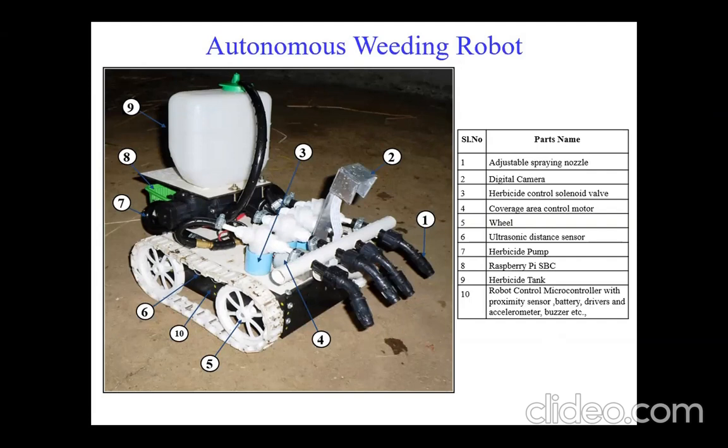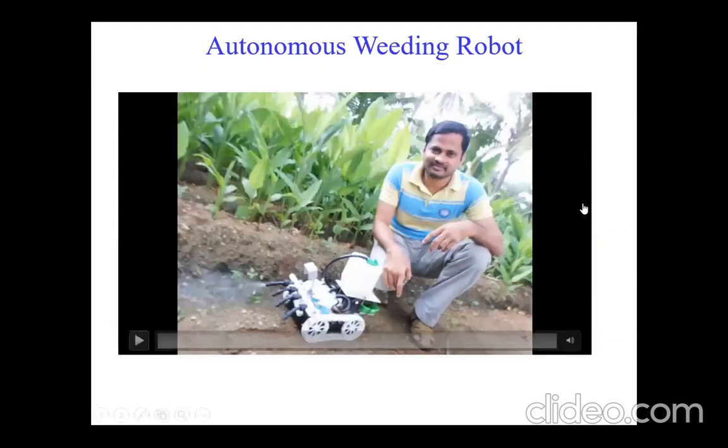In addition to that, we have used an accelerometer to identify the position of your robot, because this is not going to be a robot which can travel on a smooth surface. We are supposed to operate this robot on a rough surface, that is soil and different conditions. So we want to adjust the position of the robot based on parameters. That's why we have included that accelerometer. Let us see the video demonstration of that particular developed model.